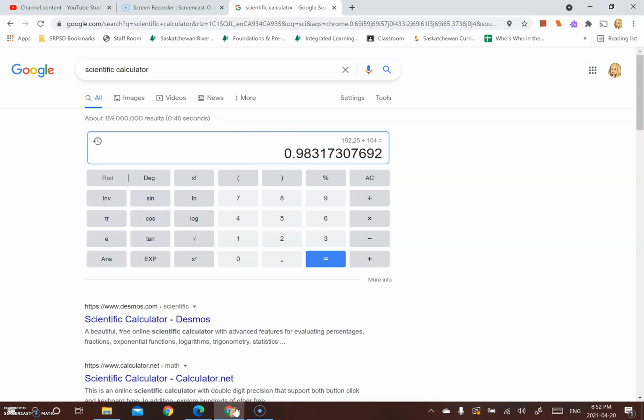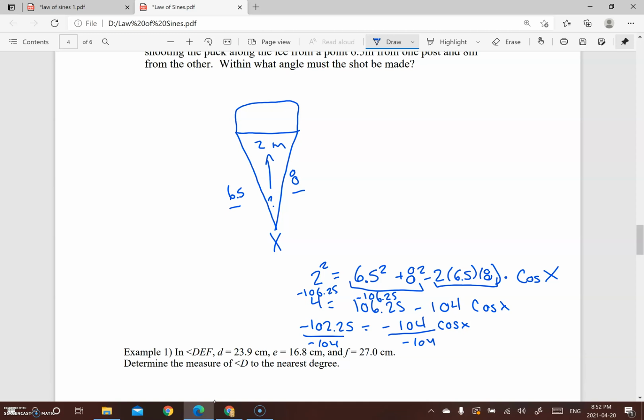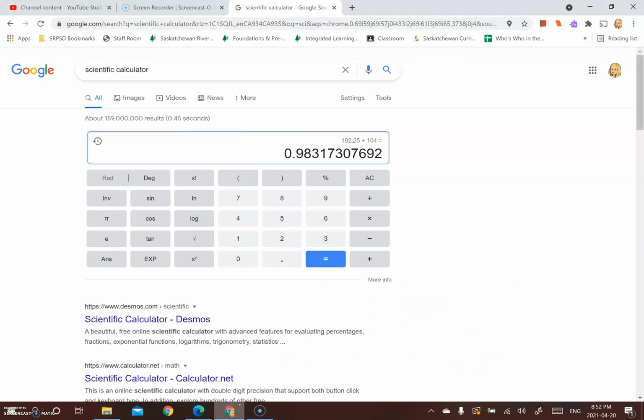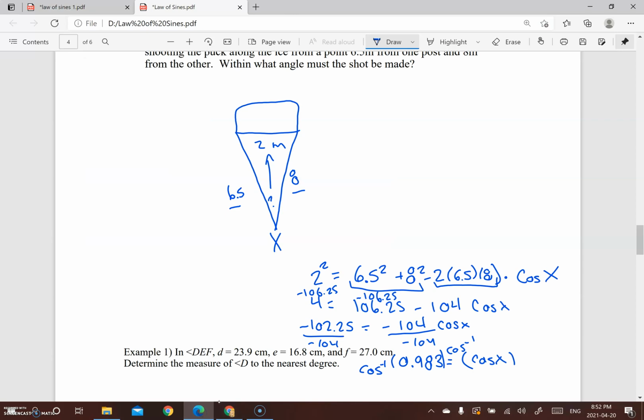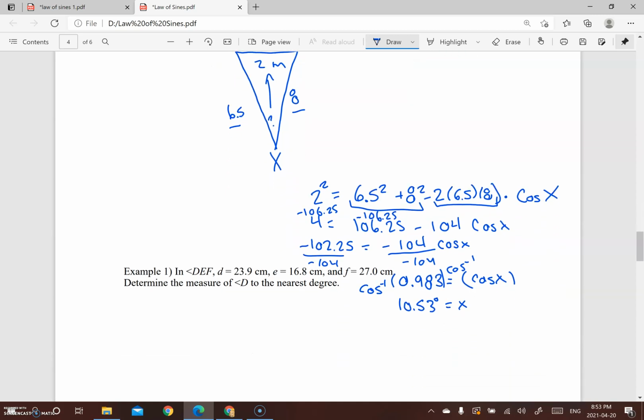And I get 0.983. 0.983 equals cos X. We have to do the inverse of cos to solve for my answer. Inverse of cos, and my answer equals 10.53. So that is the angle needed for that shot.